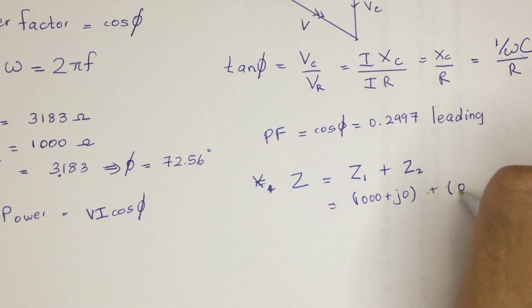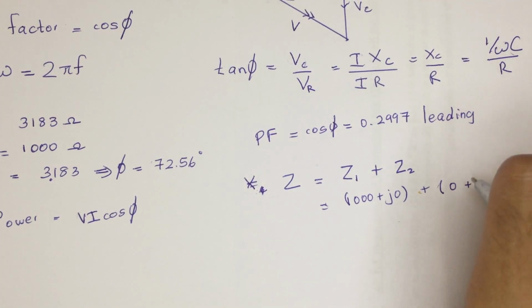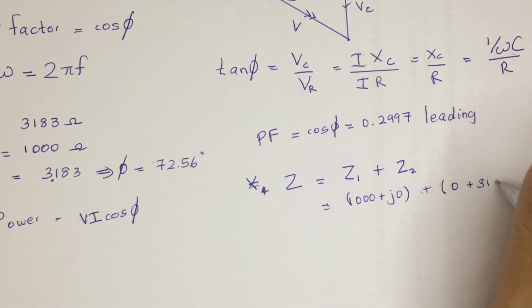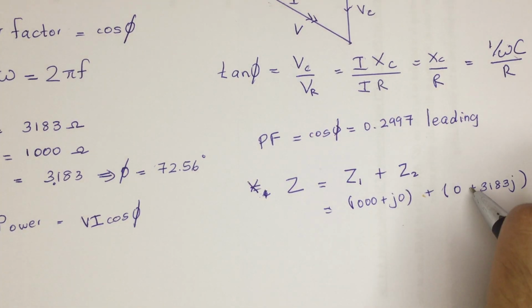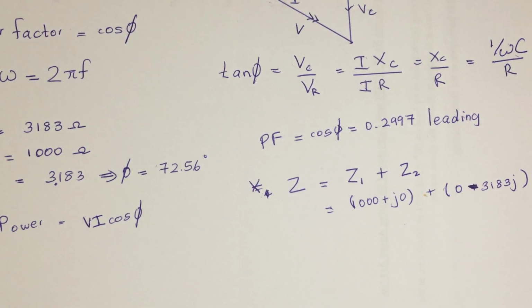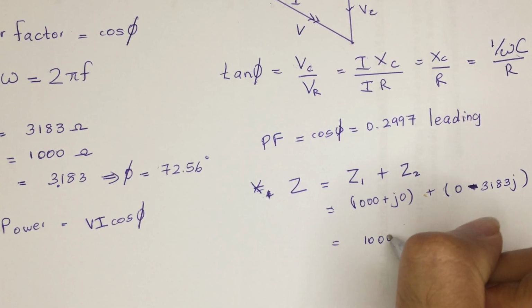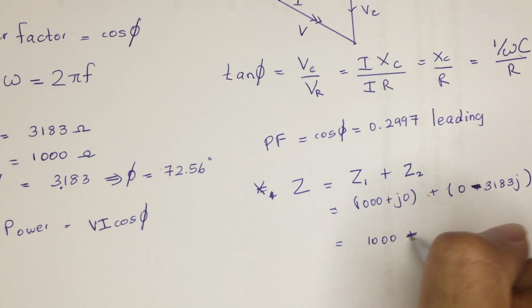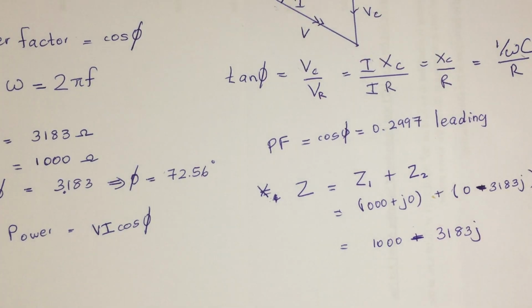So the real part, the resistive part of the capacitor, is going to be 0, and the reactance part would be 3183j. And be careful, it's going to be minus, because it's in the negative direction. So from that you can directly write it like this: 1000 minus 3183j. Now we have figured out the Z value and we knew the value of voltage.